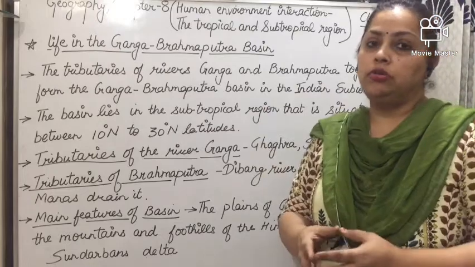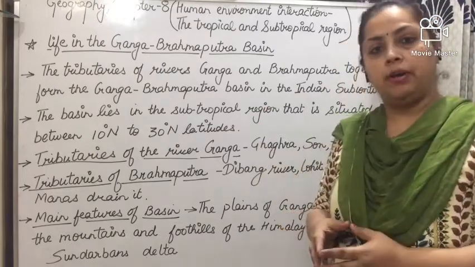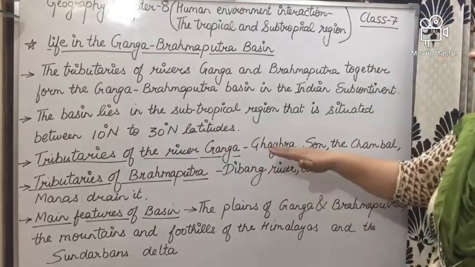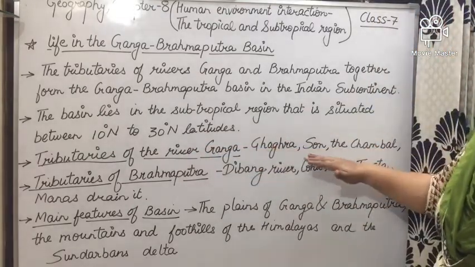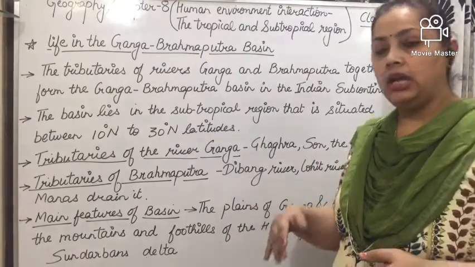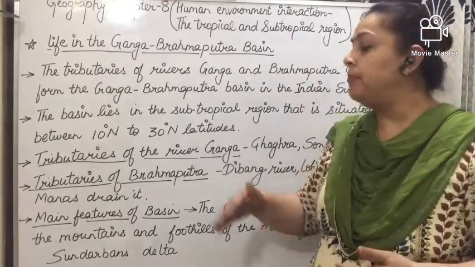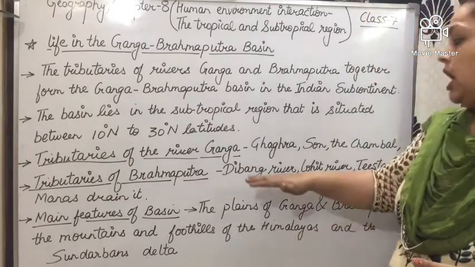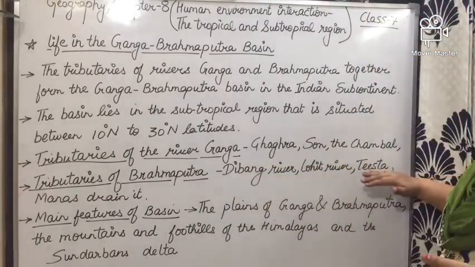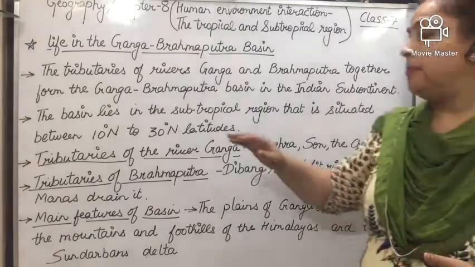Now we will talk about the tributaries of Ganga. The tributaries of the river Ganga are Ghaggar, Son, Chambal, Kosi, and the tributaries of Brahmaputra are Dibang River, Lohit River, Tista River, and Manas.